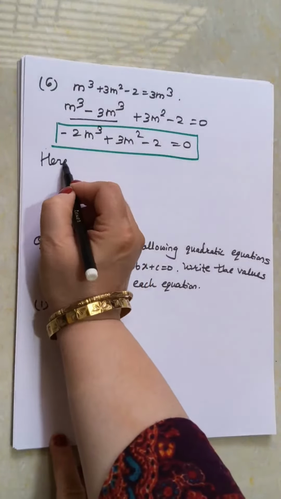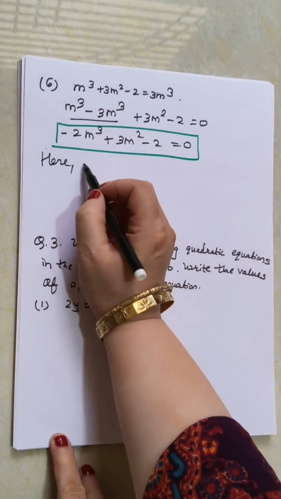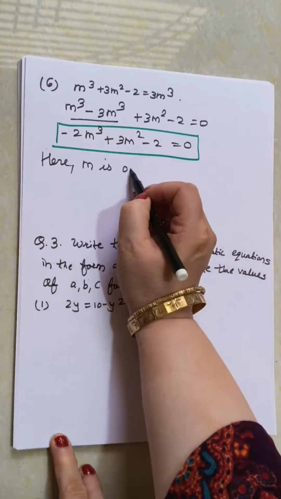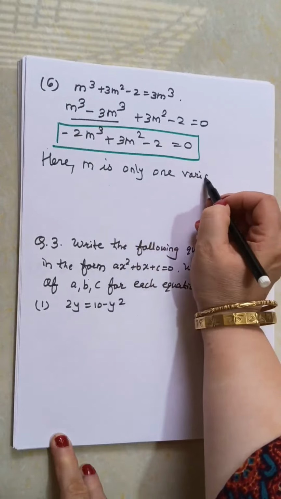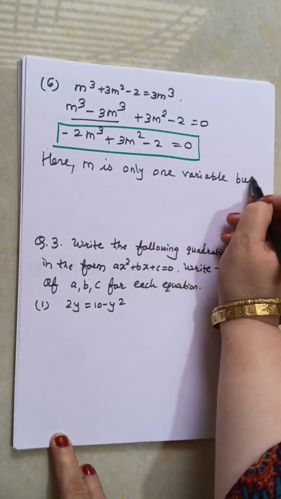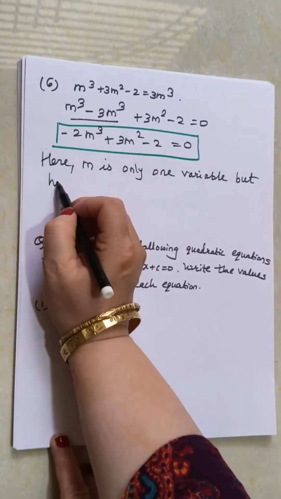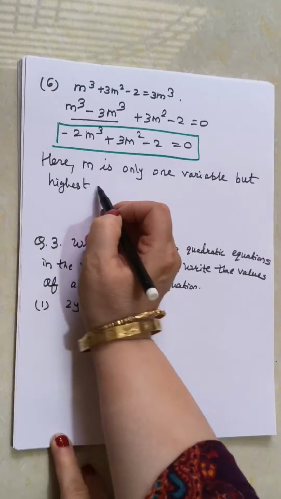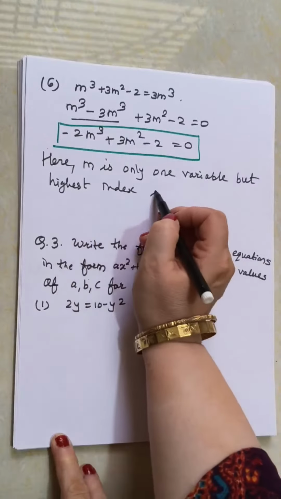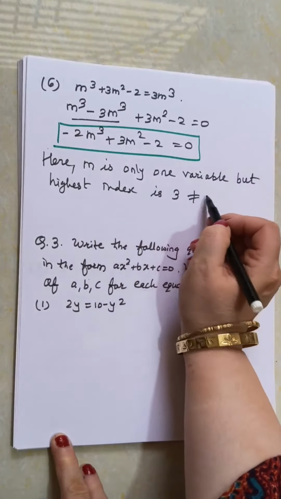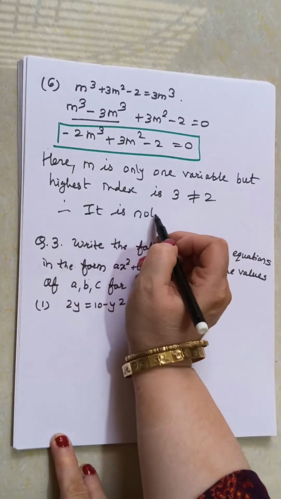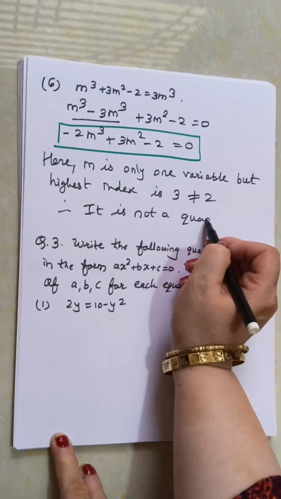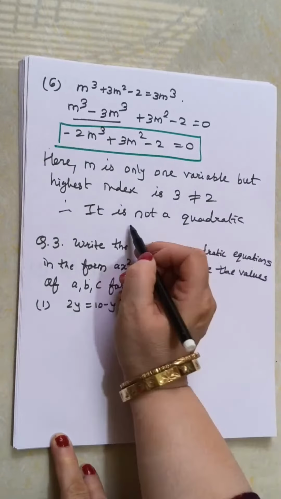Here m is only one variable, but highest index is 3, which is not 2. Therefore, it is not a quadratic equation.